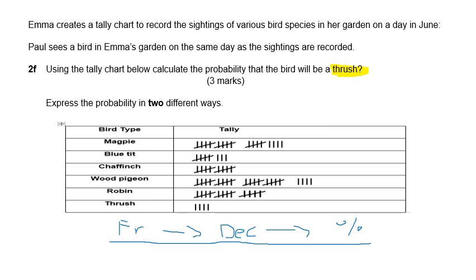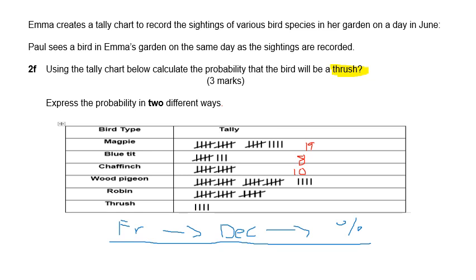How many birds were there altogether? Hopefully we can all read a tally chart here. Magpie, there's obviously 19 of them. So 5, 10, 15, 4 is 19. Blue tit, 5 and 3 is 8. Finch, 5 and 5, 10.